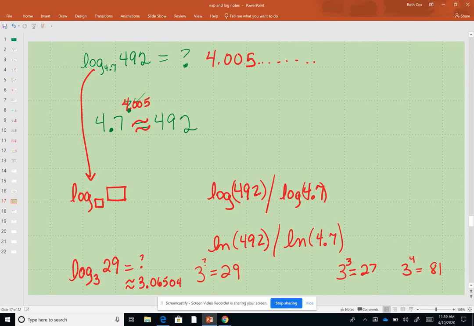So if I'm going to do 3 decimals, I get 3.065, which should make sense because that's between 3 and 4. So just want this to make sense to you a little bit. Again, your calculator may have this capability, or it may just have this capability and this capability.